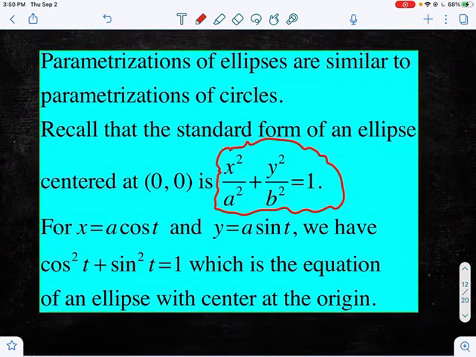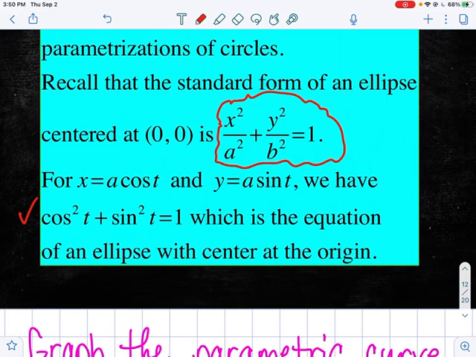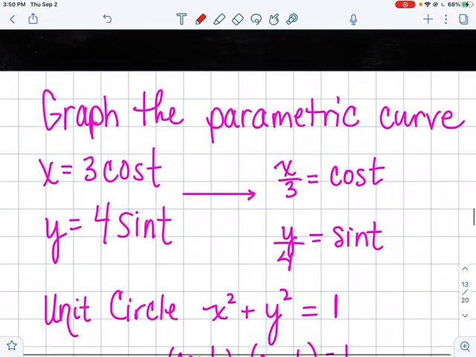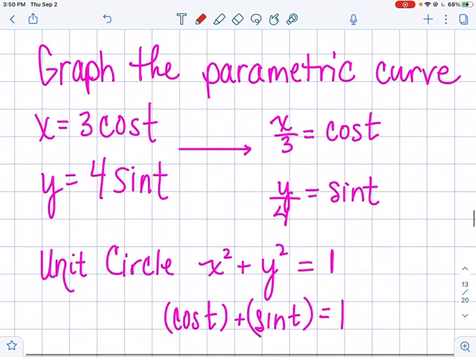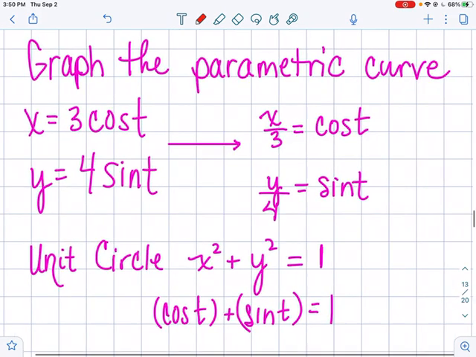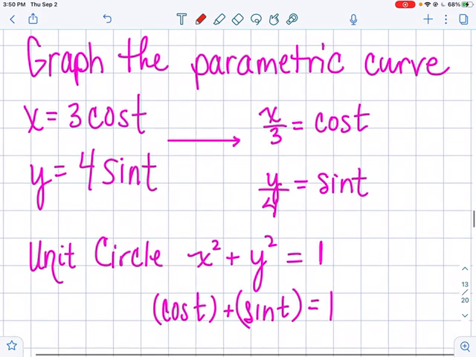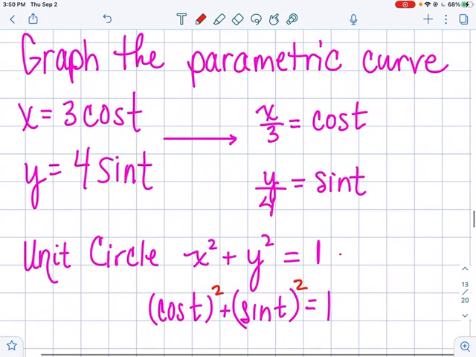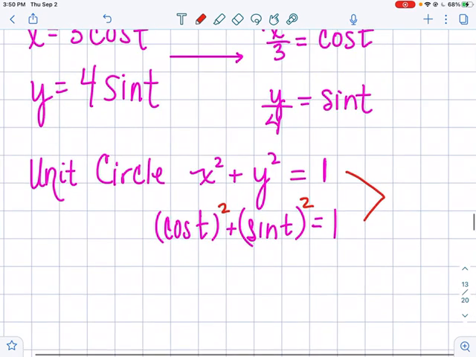So for x is equal to a cosine t and y is equal to b sine t, it's the same thing as what we just did with the circle. So let's see how it works. If I ask you to graph a parametric curve where x is equal to 3 cosine t and y is equal to 4 sine t without a graphing utility, to see how it's going to match up with its rectangular or Cartesian coordinate equation, I can take both equations and say, all right, well, with the unit circle, I know cosine squared plus sine squared, no matter what the argument, is going to be 1.